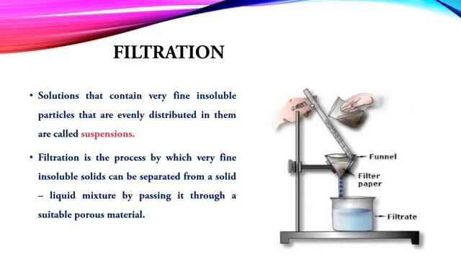Before a filter paper can be used for the process of filtration, it is folded properly to make a hollow cone. The process of removing insoluble solids from a liquid by using a filter paper is known as filtration.